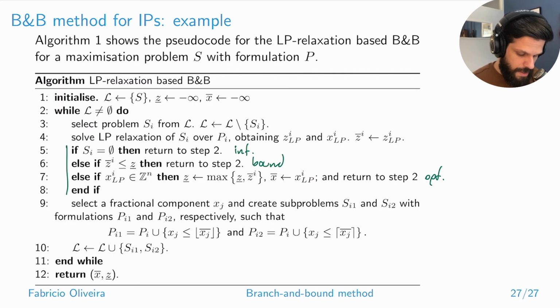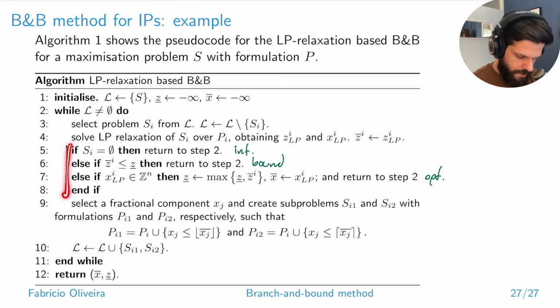And I make my X bar the incumbent solution. This is a bit poorly noted, but it only makes sense to keep an incumbent solution if this was the case. If the solution you found is just worse, keep the best solution you found.